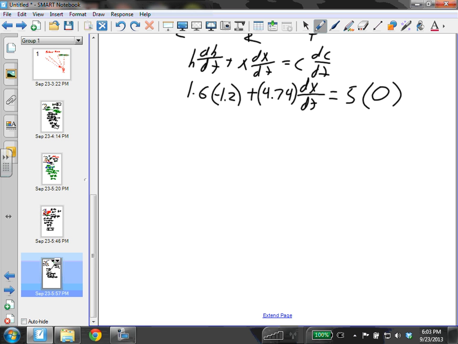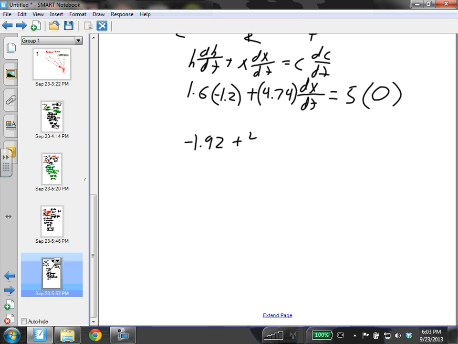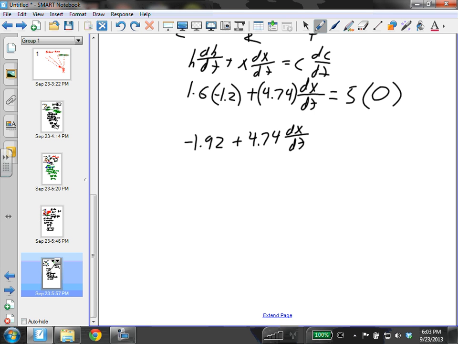So a little bit of algebra and we'll have our answer here. If I do 1.6 times negative 1.2, this is negative 1.92 plus 4.74 dx dt equals 5 times 0, which makes 0. In order to make this work, we're going to need to add 1.92 to both sides.